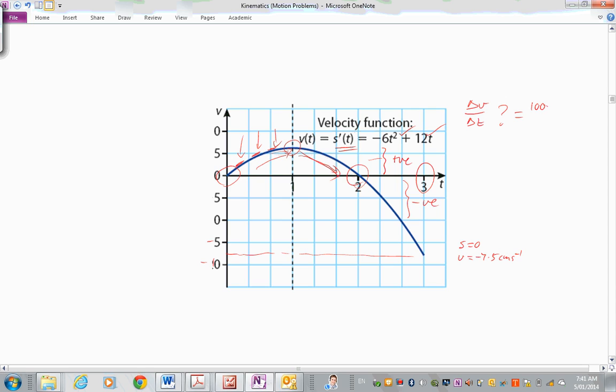What's the change? 100 take 80. Let's say you do it in 2 minutes. So that's 10 kilometres per minute. Change in velocity. Oh, hang on, that's kilometres per hour divided by minutes.